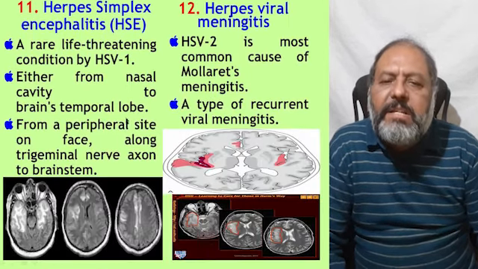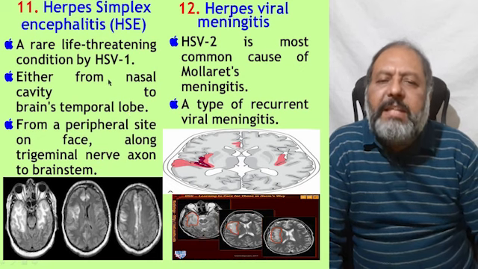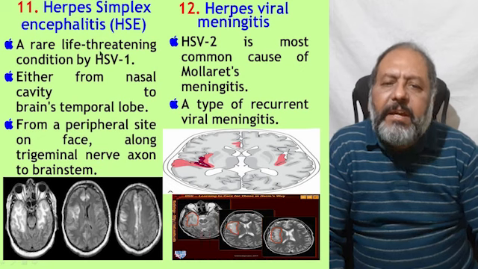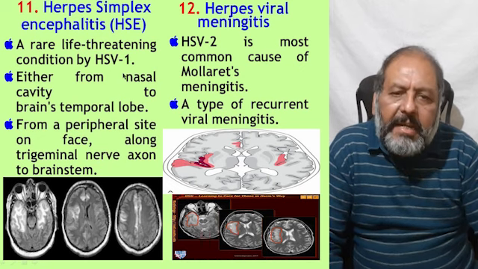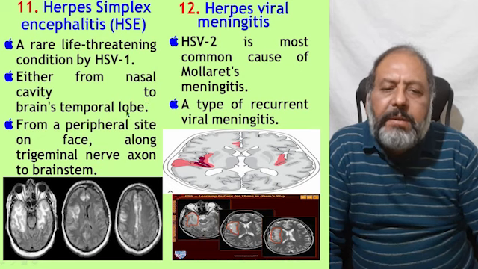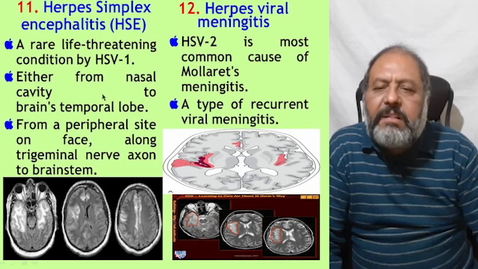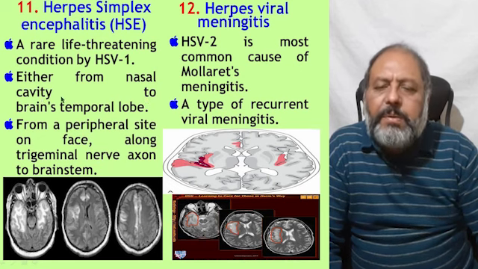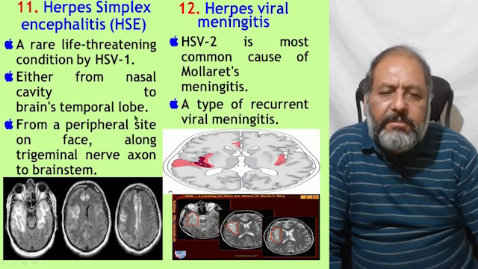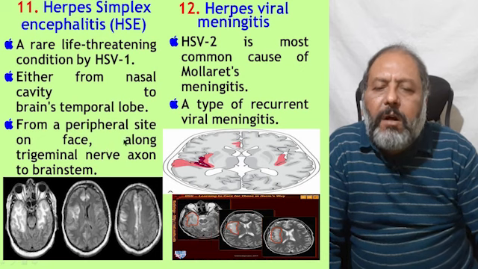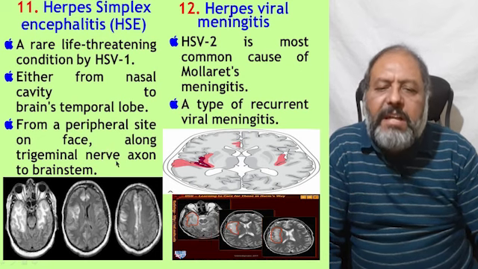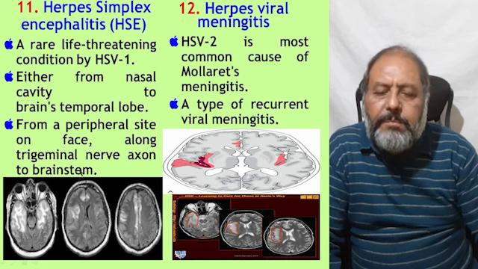Now, number 11 is herpes simplex encephalitis, which is called HSE, a rare life-threatening condition caused by HSV1, either from the nasal cavity to the brain temporal lobe. The nasal cavity is harboring the virus, and it goes into the brain's temporal lobe from a peripheral site on the face along the trigeminal nerve axon to the brain stem.